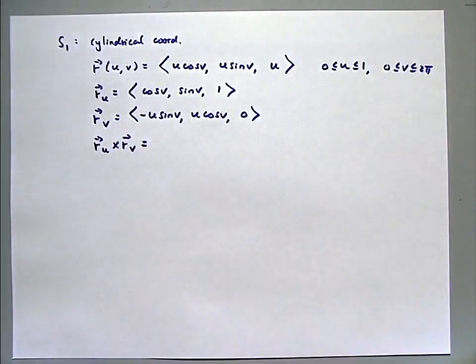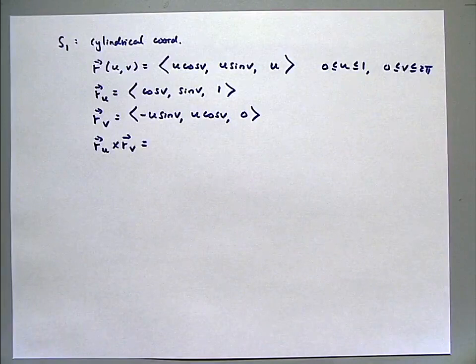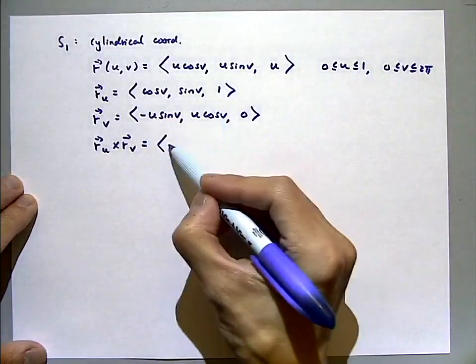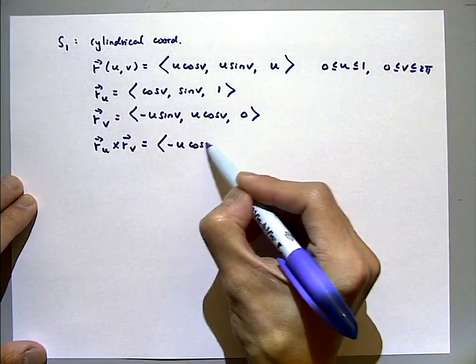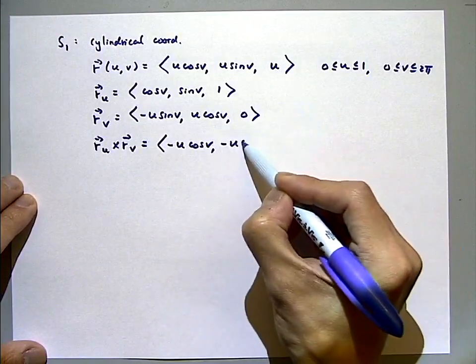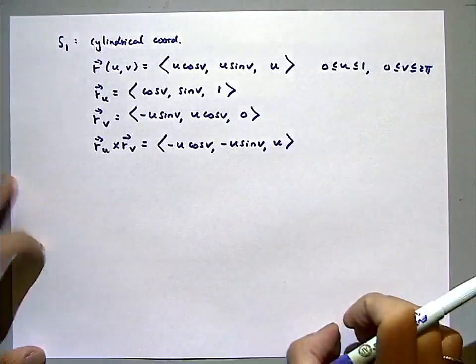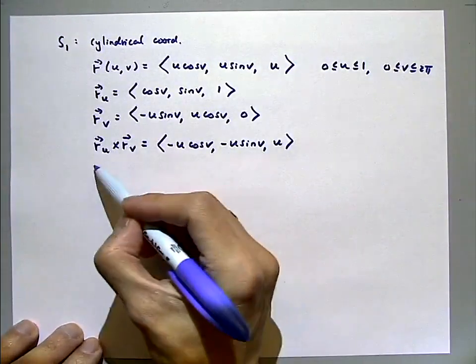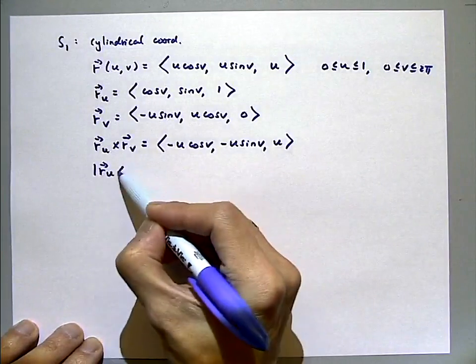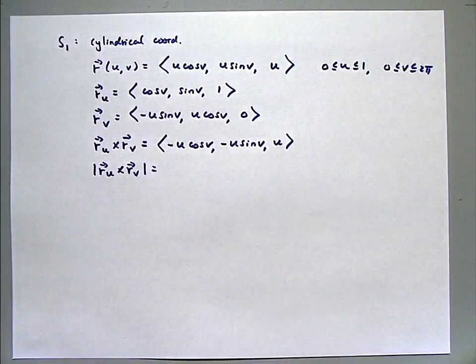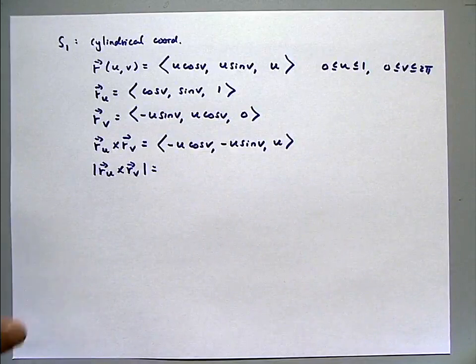Once we cross these two, we get a normal vector. And that's what we need to find the differential surface element. Crossing this, it's also very easy to do. We get minus U cosine V, minus U sine V, and U. Taking the magnitude of this, square each one of these, add them together, put them under a root, right?